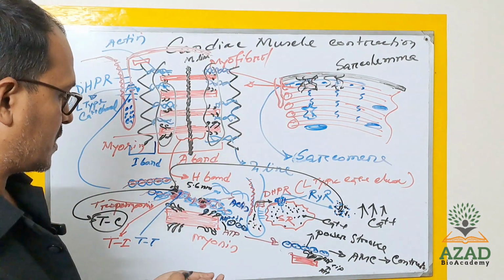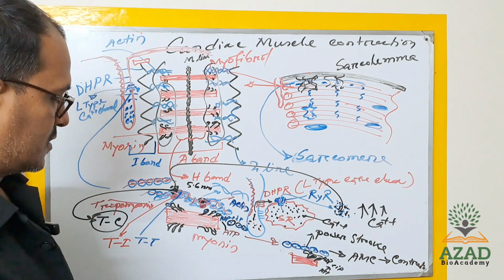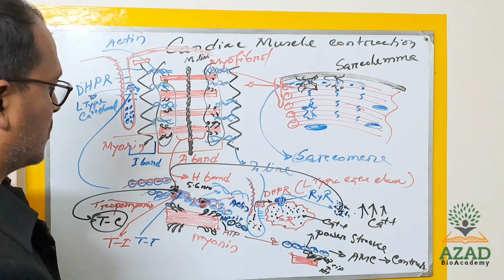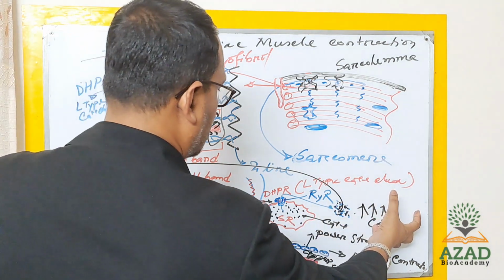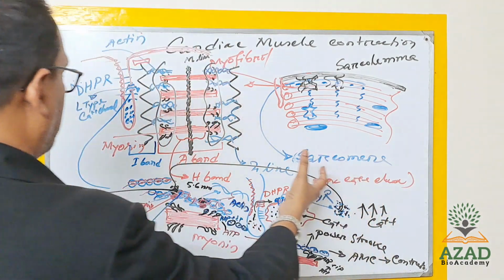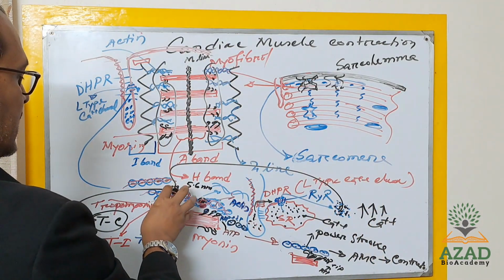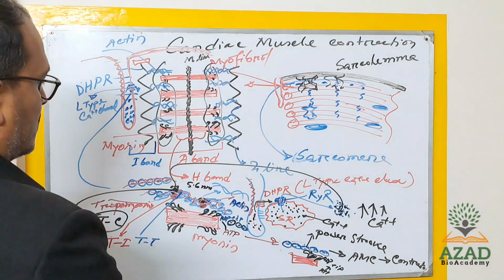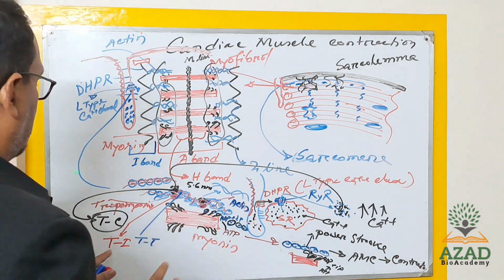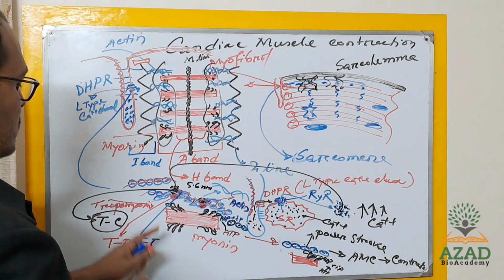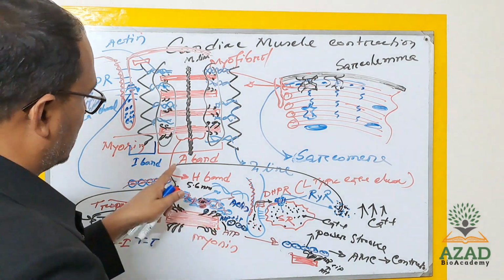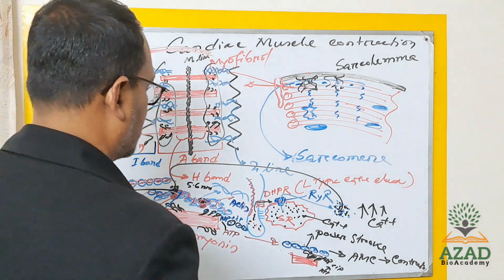So contraction happens with the help of intracellular calcium binding with troponin C, and troponin I will be inhibited and troponin T will maintain that part.